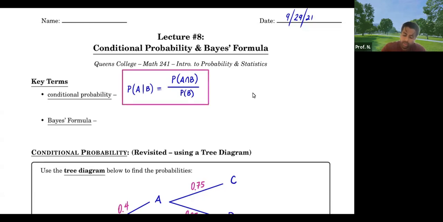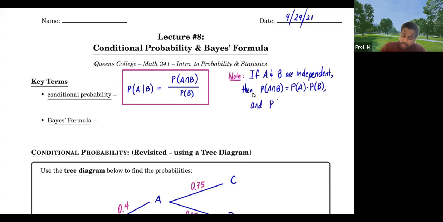And one thing I want you to notice: if A and B are independent, then what do you know? Then the probability of A intersect B is equal to the probability of A multiplied by probability of B, right?